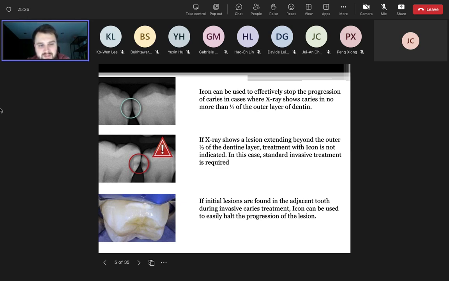If we have X-rays like the one presented on this slide, we can judge that this lesion could be treated with the Icon. And then we have to separate the teeth. We create a little bit of space between the teeth.